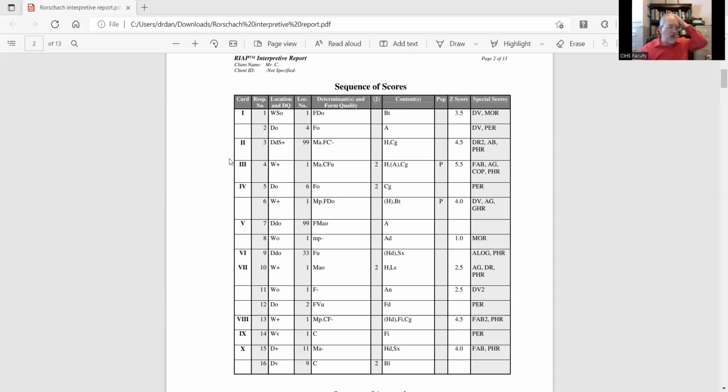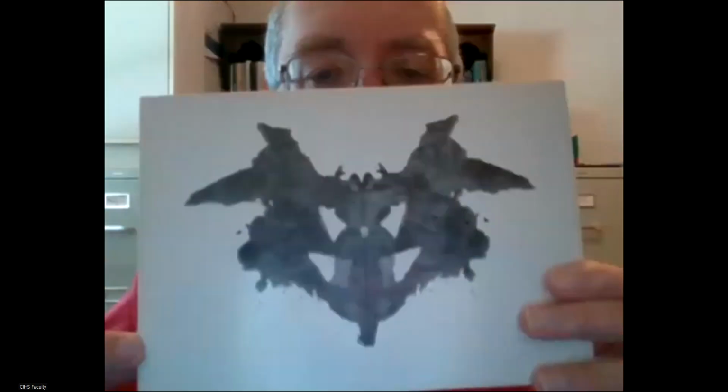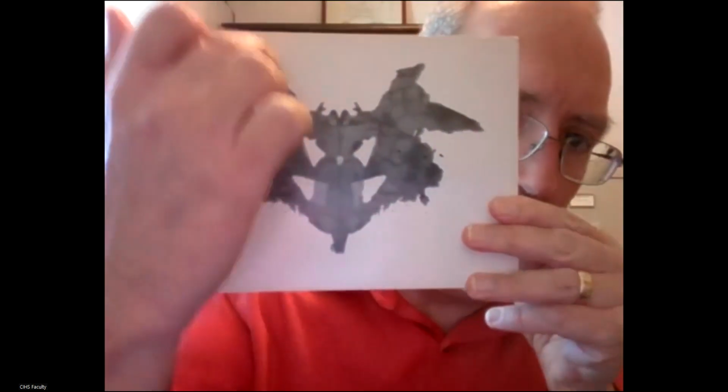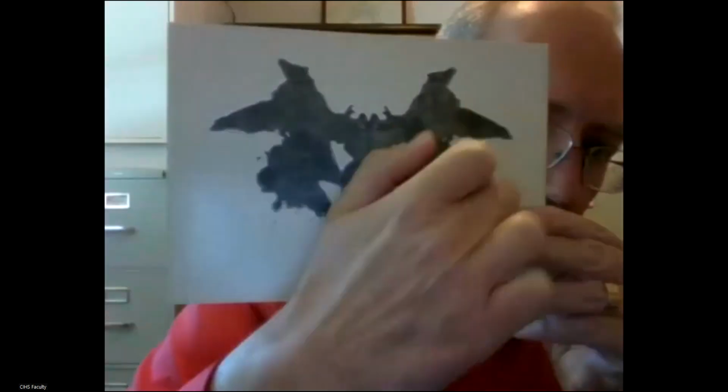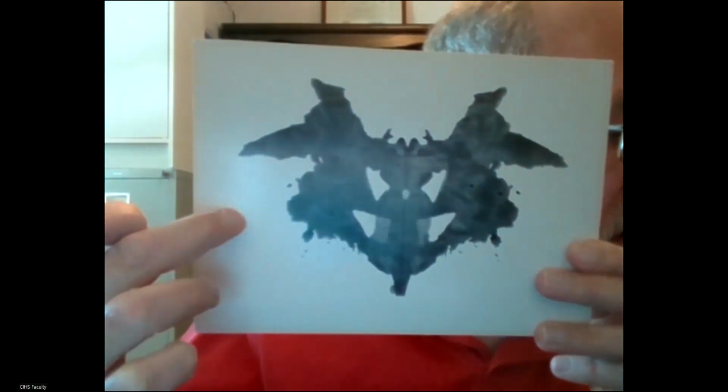So they saw dimensionality. Hold on one second. As I said, I don't have the responses, but you can sort of picture what this probably meant. So here's the card that referred to. What they're saying is they saw some sort of plant life.